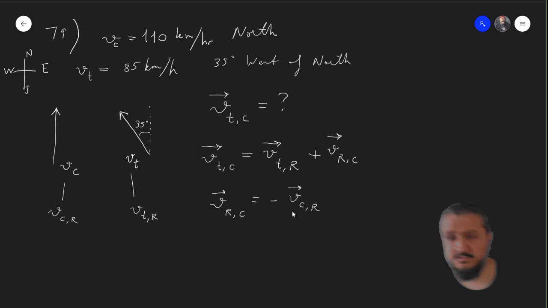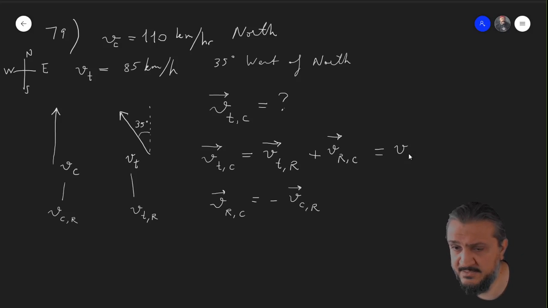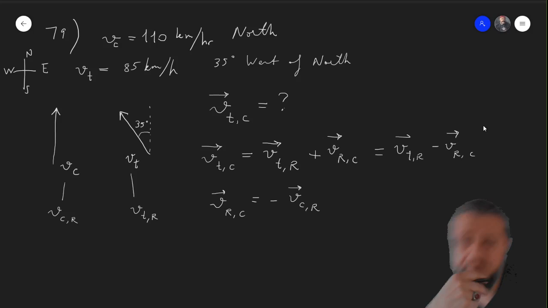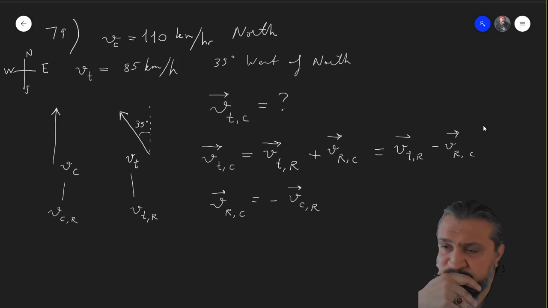So we have this vector equation now: VTC equals VTR minus VCR, or VTR plus VRC.